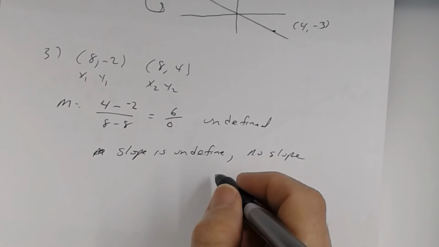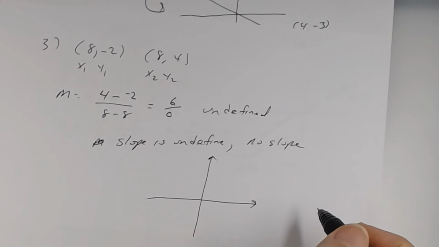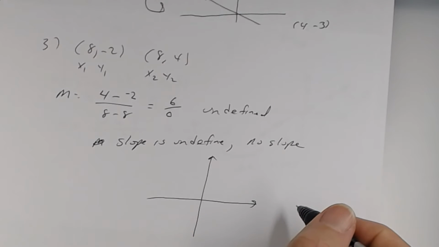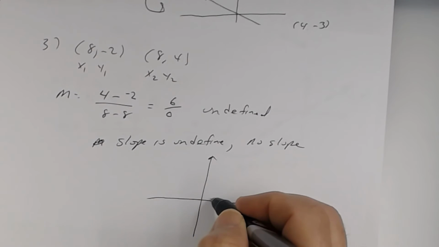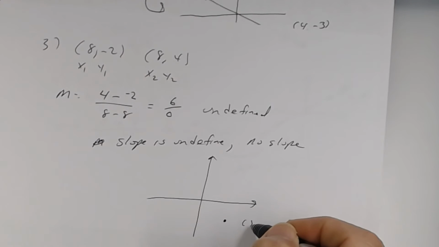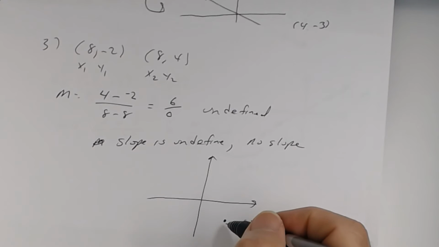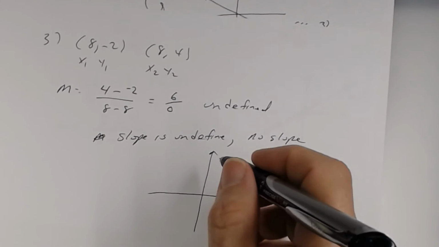Very good. So if I look at this in terms of a line, 8, negative 2 is in what quadrant? 8, 4 is in what quadrant? But directly above it, right?